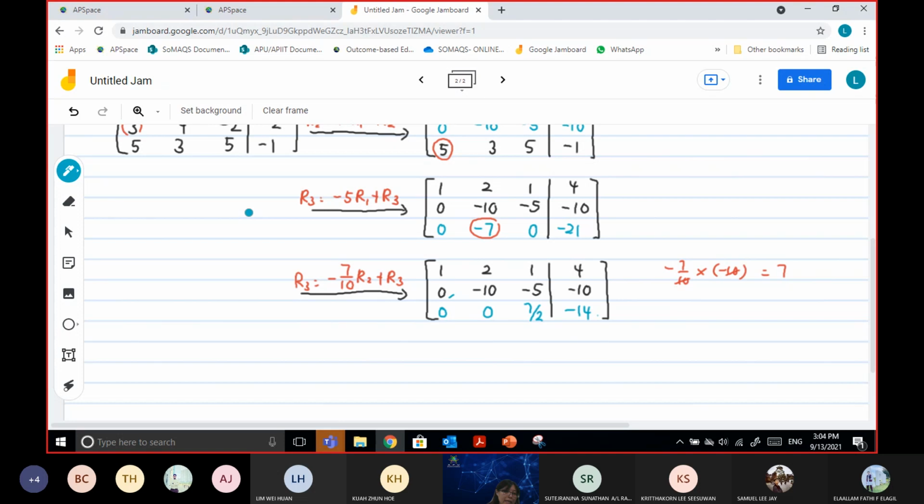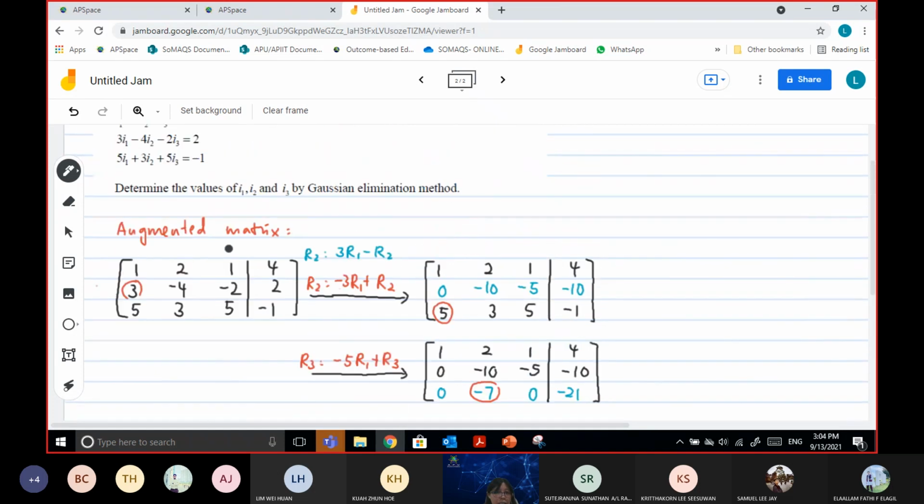Then next you solve it. If you start from this equation, 7 over 2 I3 equals negative 14, so negative 14 divided by 7 over 2, you get negative 4. Sorry, this is not a z.